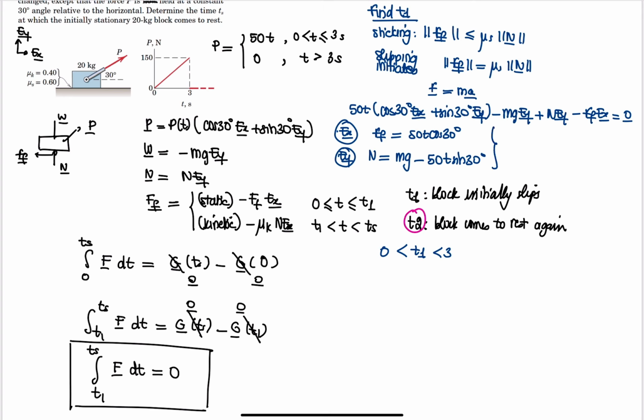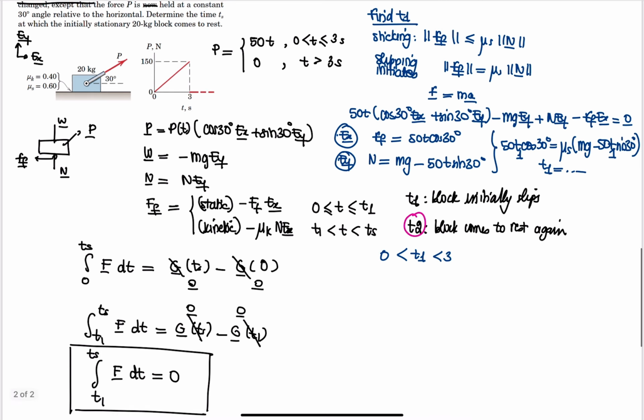So I can solve for the time where the friction force is equal to mu S N. So 50t cosine 30 degrees, that's T1 at which we start slipping, is equal to mu S times mg minus 50t sine 30 degrees, at T1. And we can solve for T1. We need to double check again that T1 is between 0 and 3 seconds. Okay, so this is how we solve for T1.